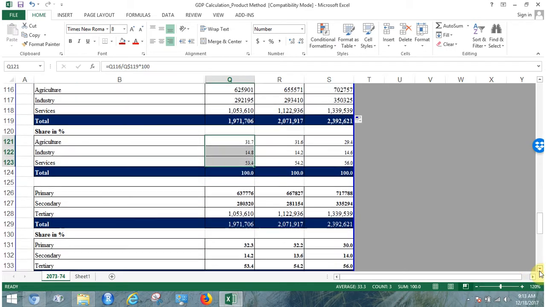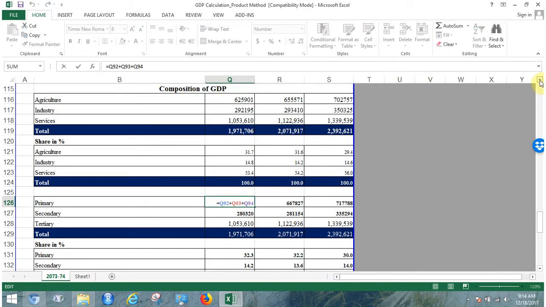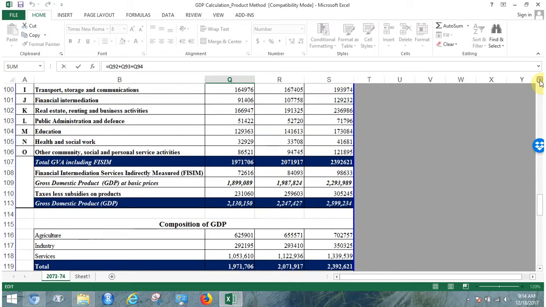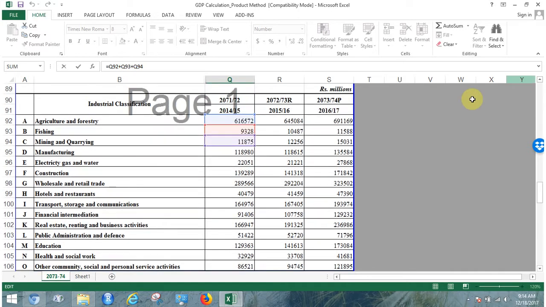So there is another kind of classification too, which is more often used: the sectoral contribution by primary, secondary, and tertiary sector. The only difference is that in the primary sector there is another sector included besides agriculture, that is mining and quarrying.